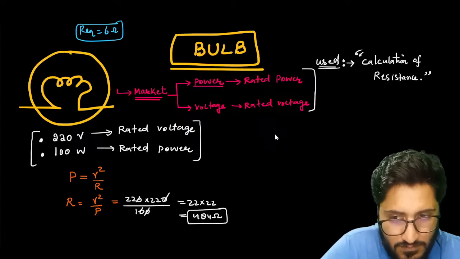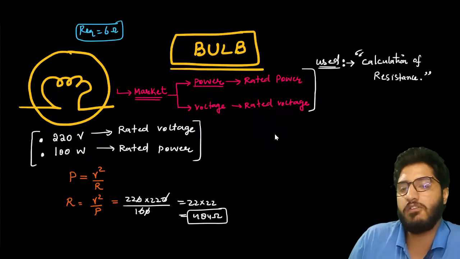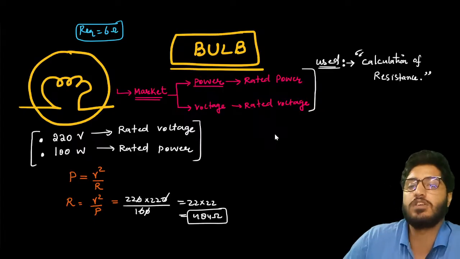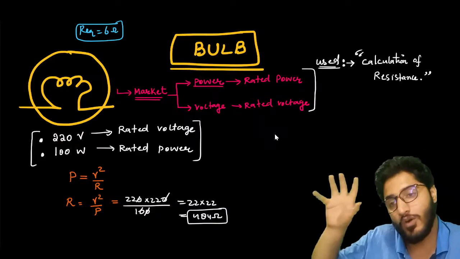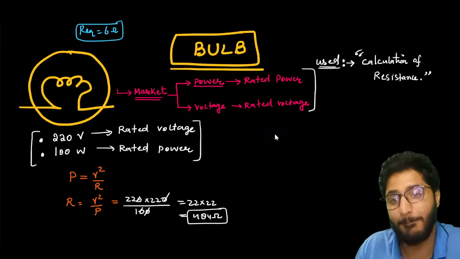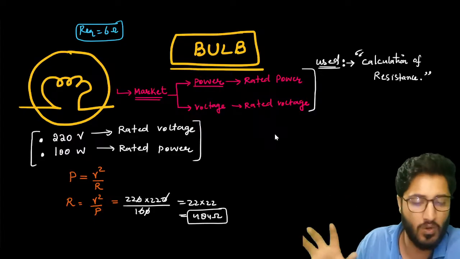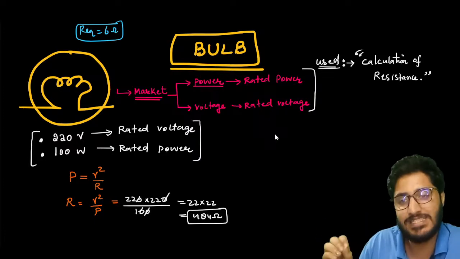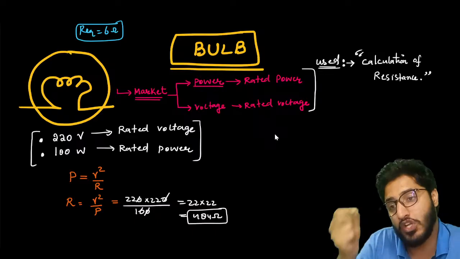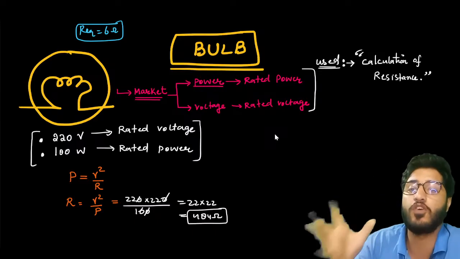Done. Look now. One thing you need to keep in mind: whenever this bulb is manufactured at any industrial point, they have their own maintained voltage system and maintained power system. At the maximum voltage, that means at particularly 220 volt, your bulb will give full brightness.